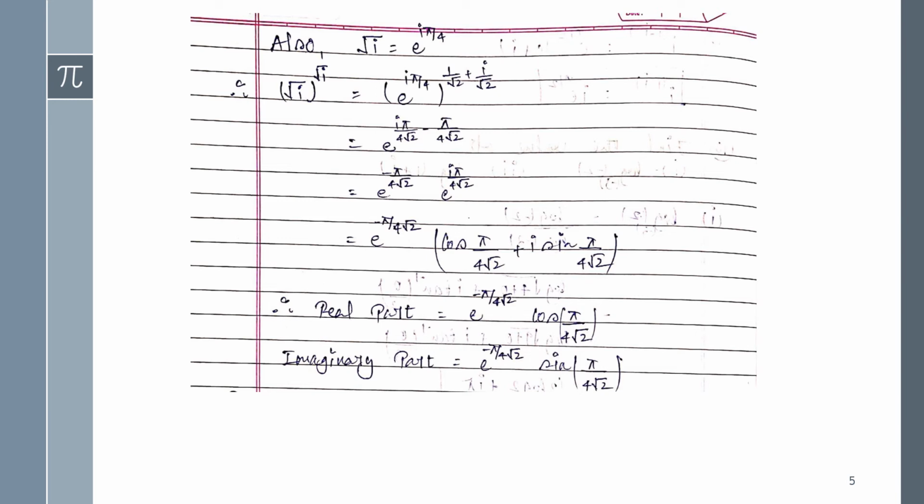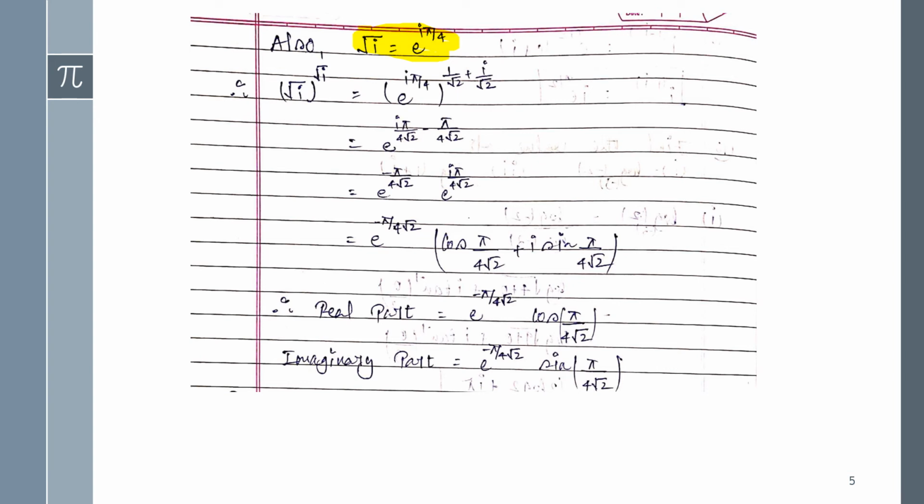Now you can observe here it's given two functions in the form of root i, right? The single function we did the simplification of in our previous slide, and the other one we can write as e raised to i pi by 4.